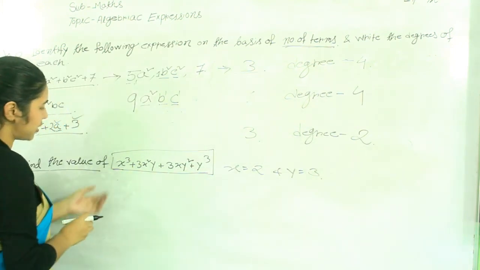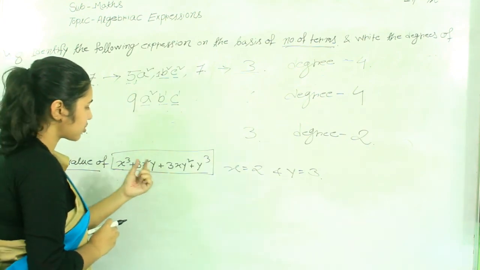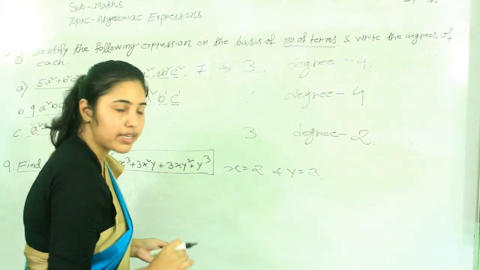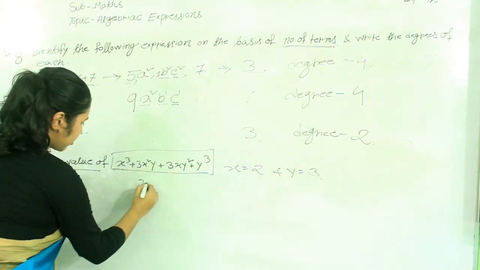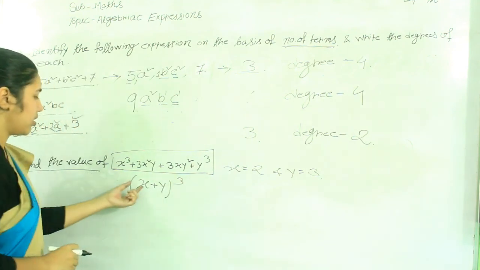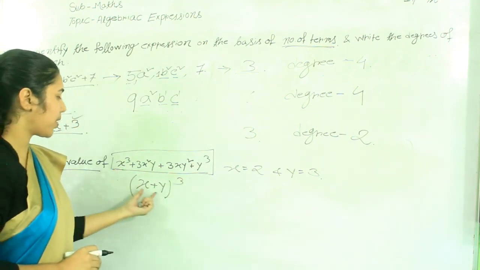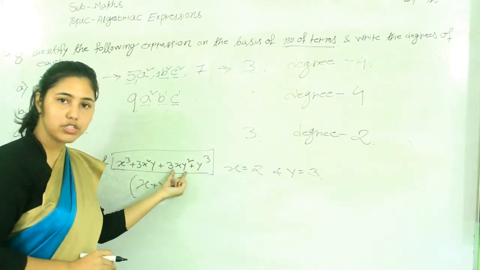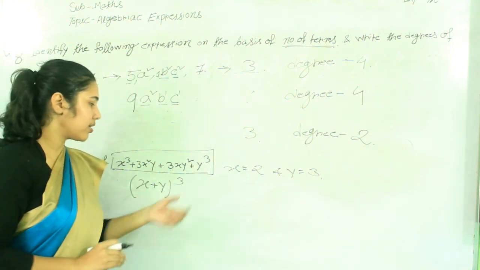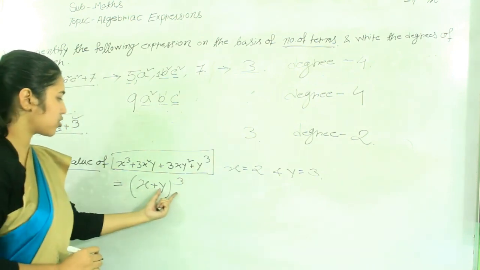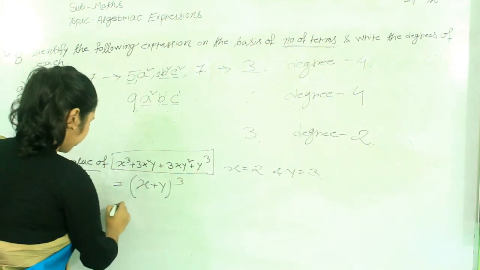So look at this expression: x cube plus 3x squared y plus 3xy squared plus y cube. We know the formula: x plus y whole cube is equal to x cube plus 3x squared y plus 3xy squared plus y cube. So you can write this as x plus y whole cube.